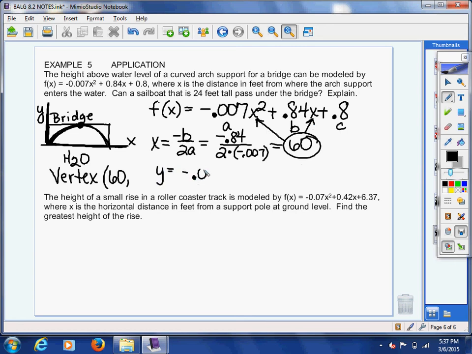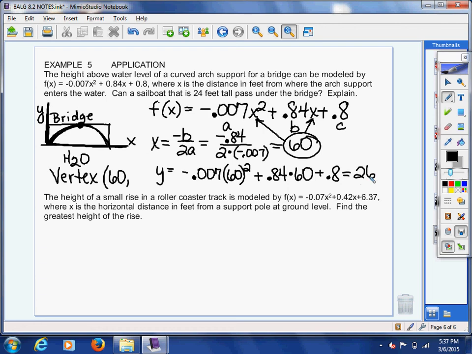Negative 0.007 times 60 squared plus 0.84 times 60 plus 0.8. You can do that all in your calculator, okay? And when you crunch those numbers, you're going to find that y equals 26. So your vertex is at (60, 26).